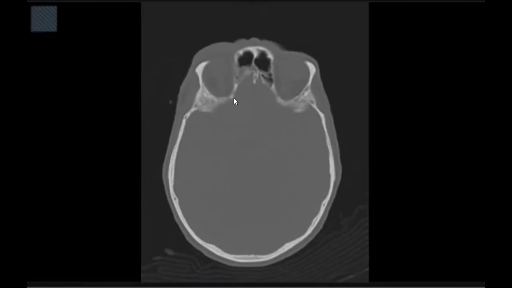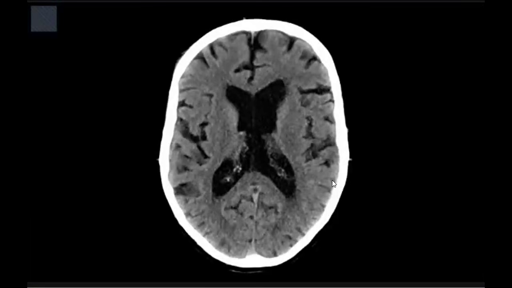Okay, I will give you the soft tissue window again, but this will not happen in the exam. I will check the right orbit in the soft tissue window.